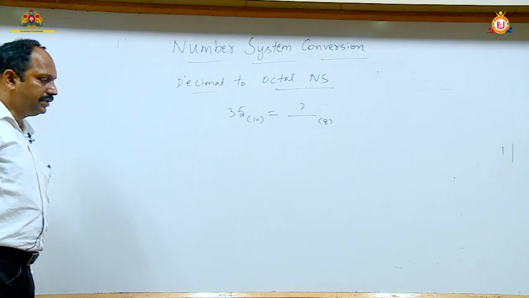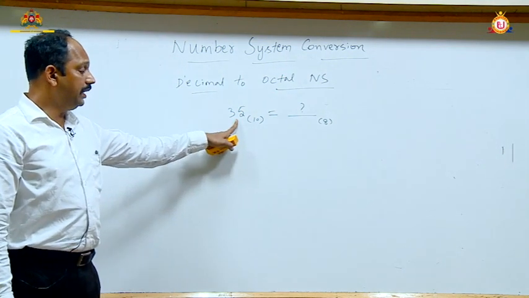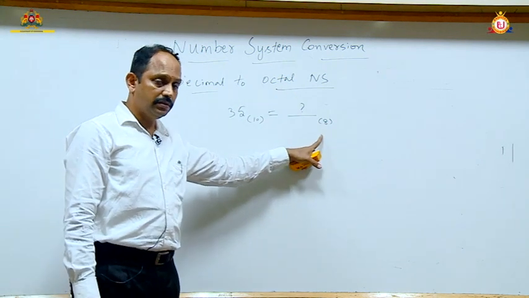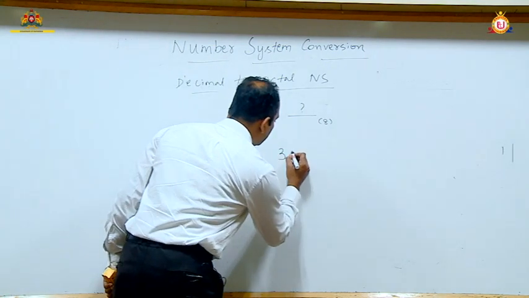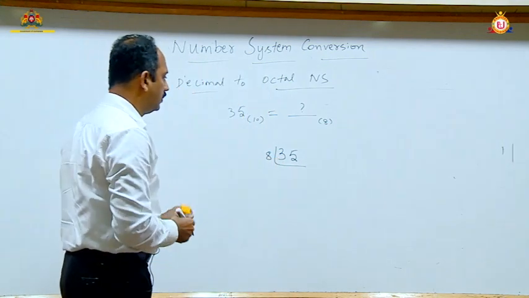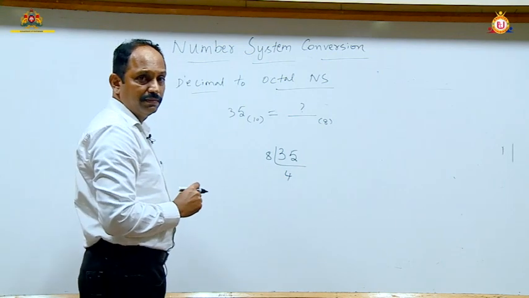Now the rule is again the same. Divide 35 by the target number system, that is the octal number system. What is the base of the octal number system? It is 8. So 35 is divided by 8. 8 times 4 is 32.